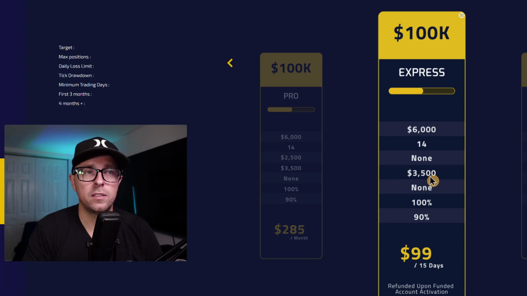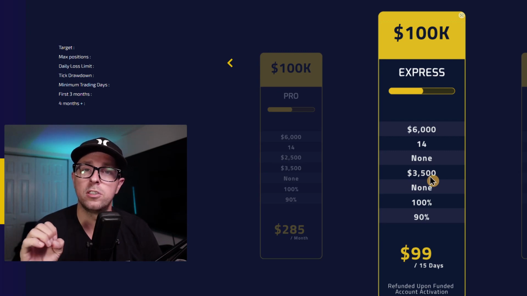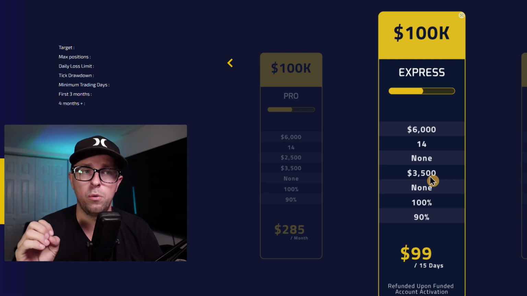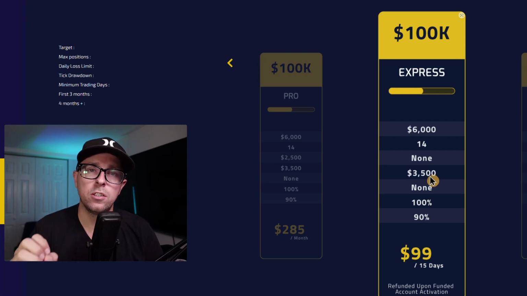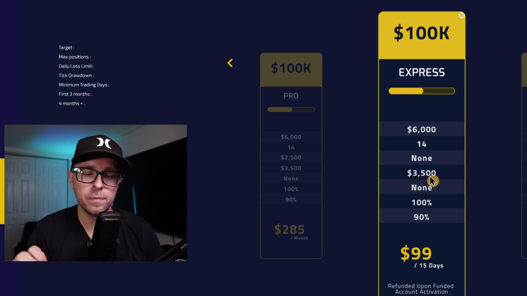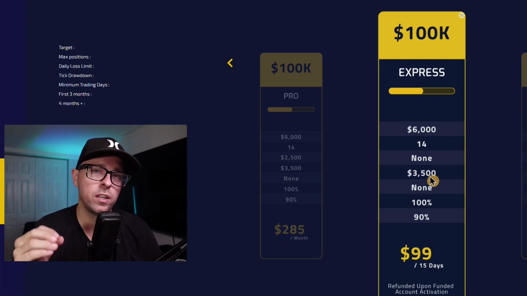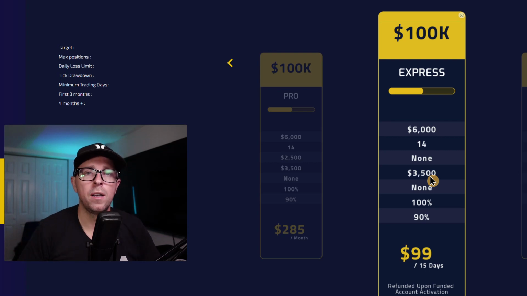And then the biggest thing is you cannot lose more than $3,500 in a row, but that only counts at the end of the trading day. So how a typical trailing drawdown works is very confusing, but you have to take into consideration the unrealized profits. So like this account, for example, they don't do this, but other firms do.